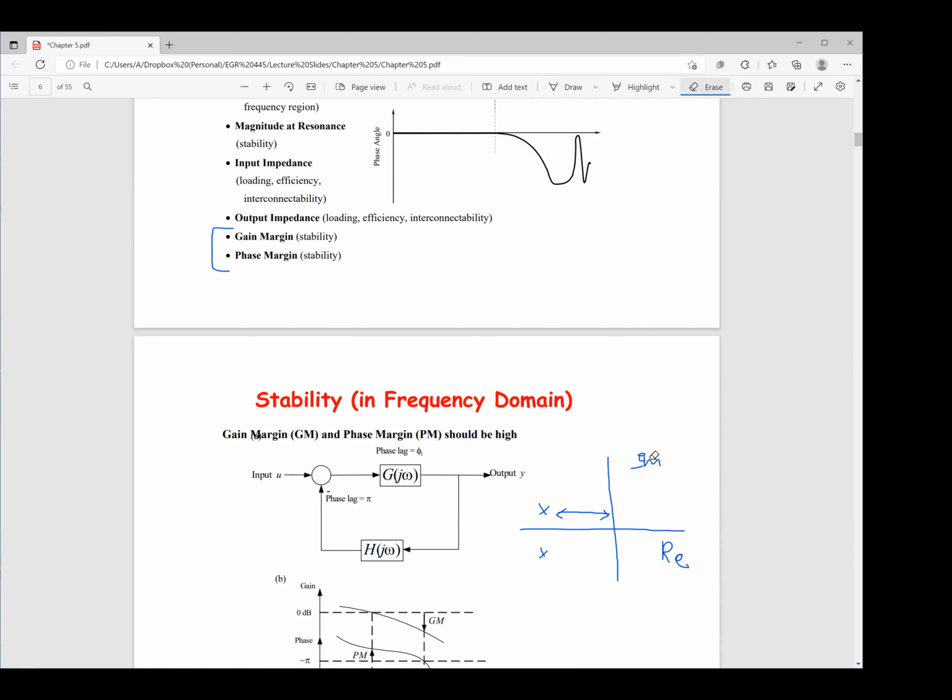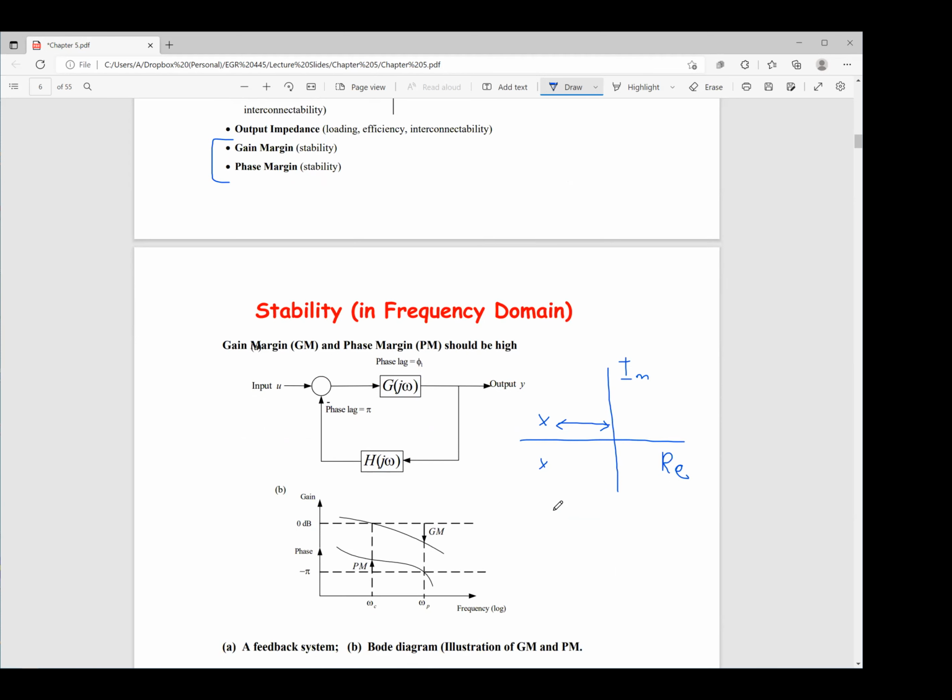So basically, I have this imaginary component here, and I can keep on increasing the gain till these eigenvalues cross the imaginary line. And that is the basis of gain margin and phase margin.